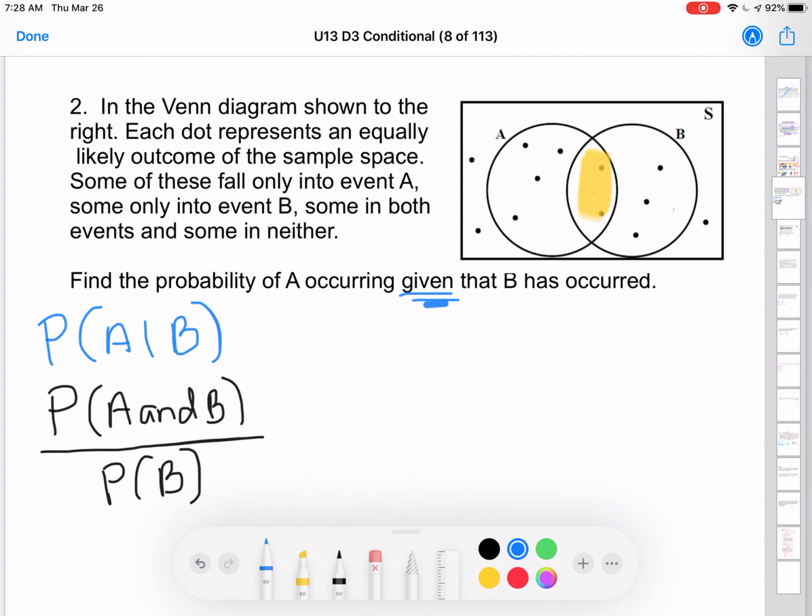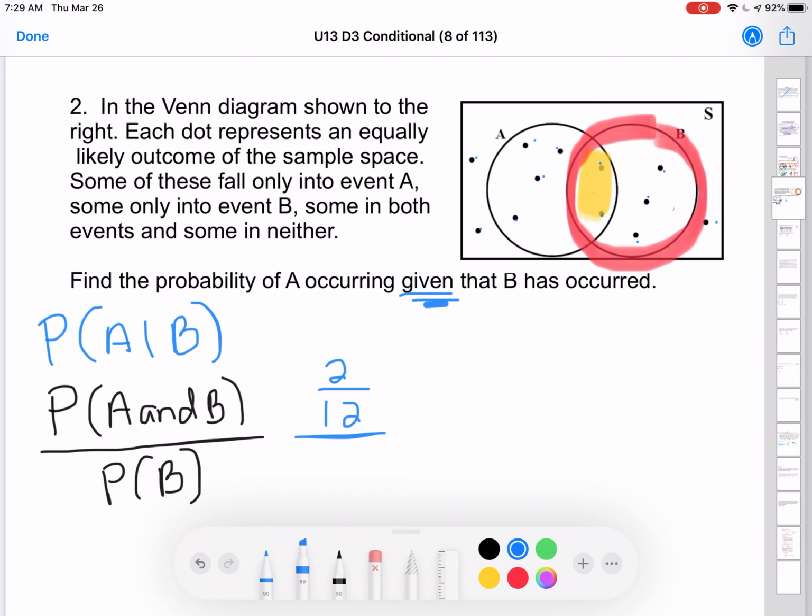So that's going to be 2 out of, now you got to add up every single dot. So if we add up every dot, 1, 2, 3, 4, 5, 6, 7, 8, 9, 10, 11, 12, divided by the probability of B. Now B is this whole circle. So how many are in there?